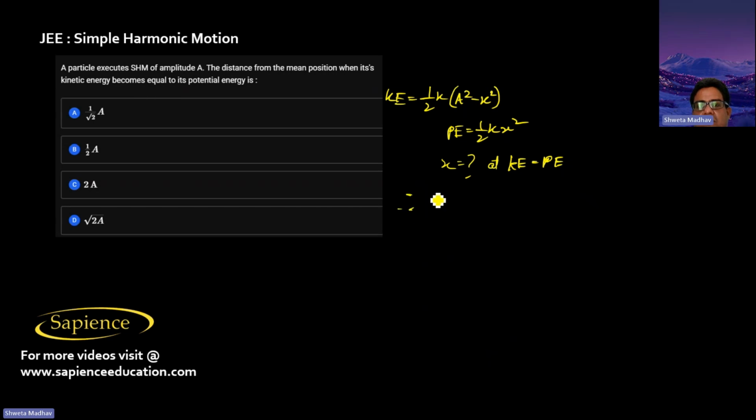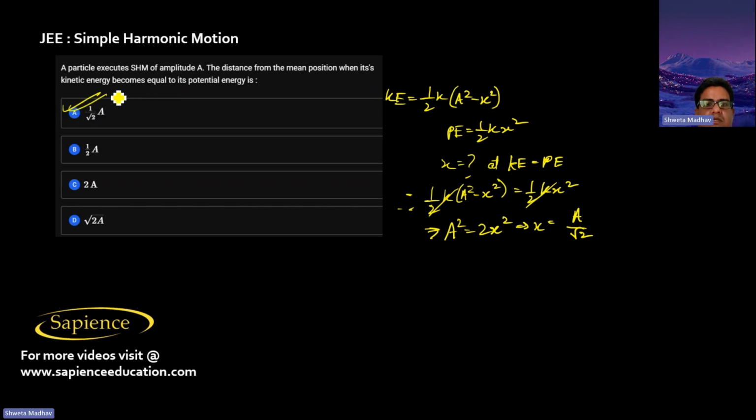If these two are equal, then half k into a square minus x square should be equal to half k x square. So half k I can cancel out. So I can say a square will be equal to 2x square. So x will be equal to a by root 2. So a by root 2. So option A is the correct answer.